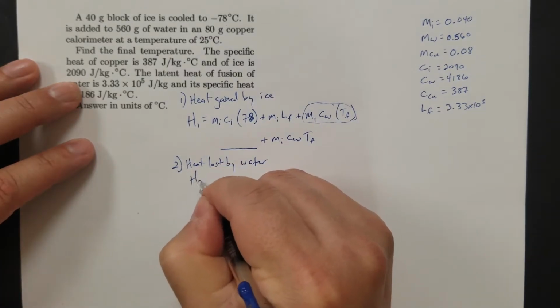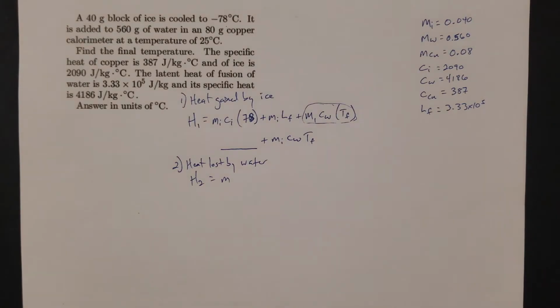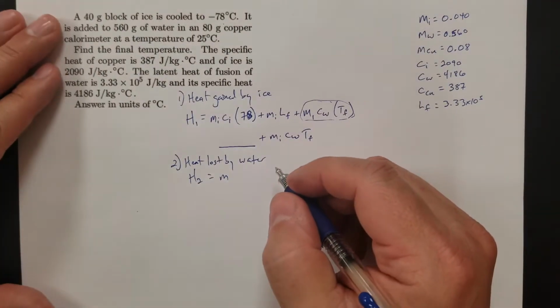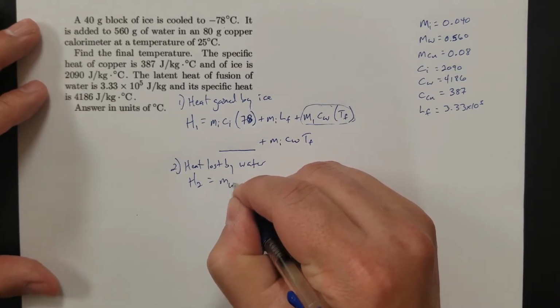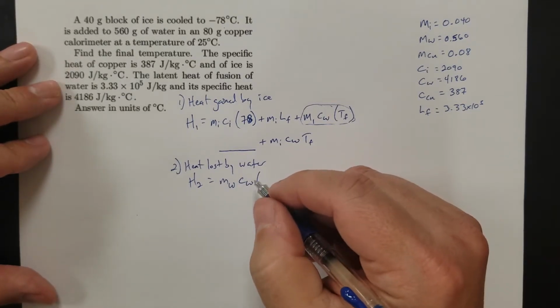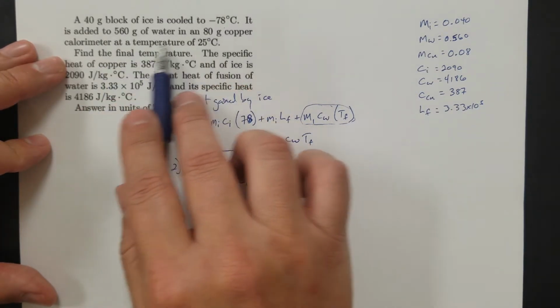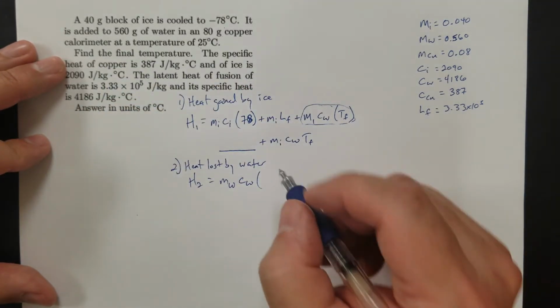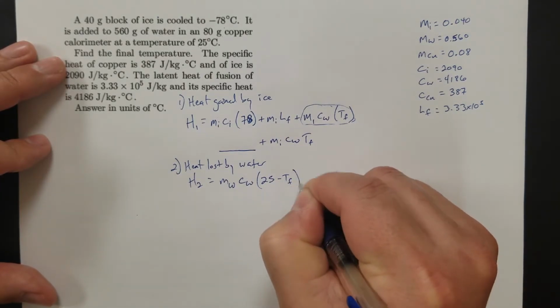Okay, now let's do heat lost by water. Heat lost by water, I'll call that H2. So the water is just mass of the water times specific heat of the water times the change in temperature of the water. So the water went from temperature 25 to something, so 25 minus TF.